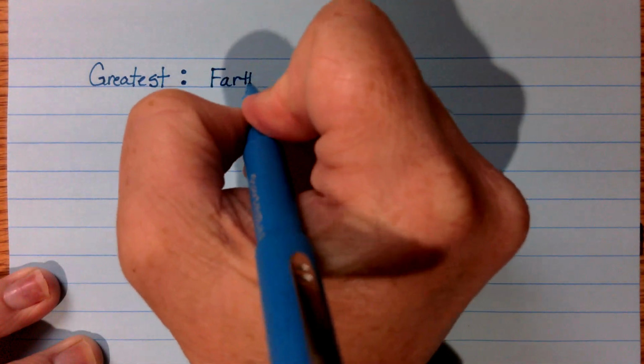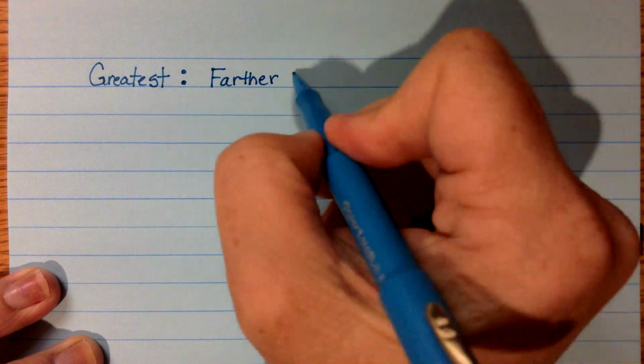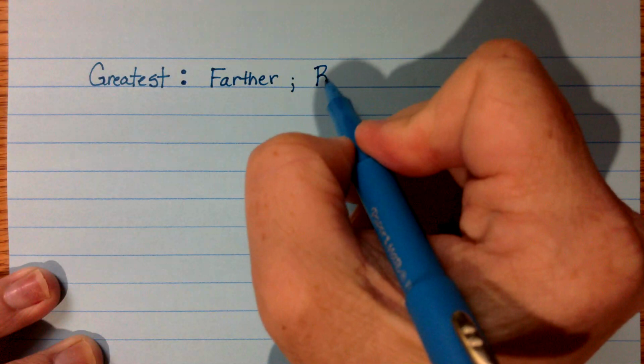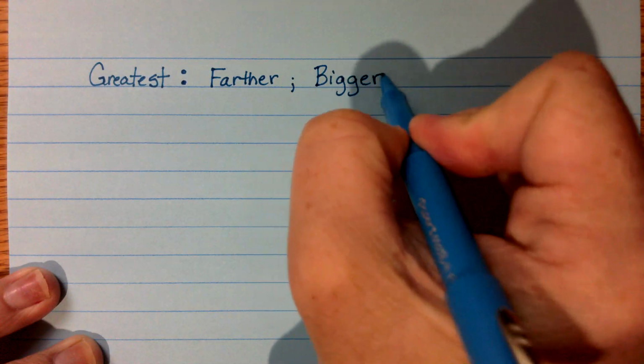Because you are fifth graders and you will be working with word problems, it's really important at this time to talk about some of the wording that you might find in your word problems that will give you hints about comparisons. So, we will be looking for the greatest number when we see words like farther, bigger, or more.